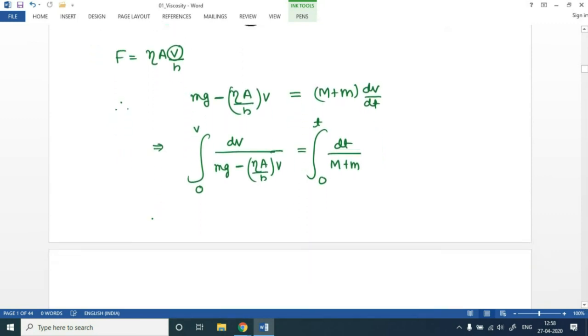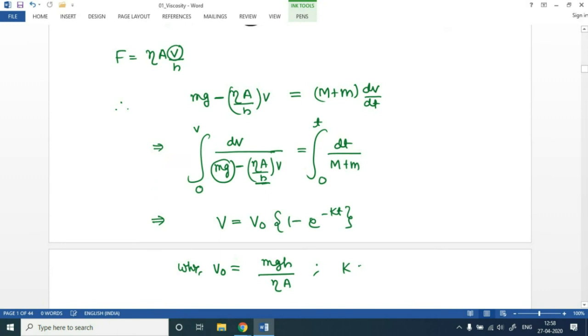When you solve that, you know the solution, v will be of the form v naught into (1 minus e to the power minus kt), where v naught is mgh divided by eta A, whereas k would be eta A divided by (M plus m) times h.